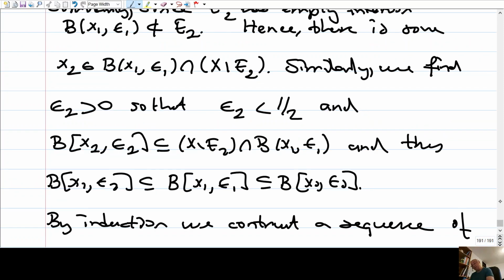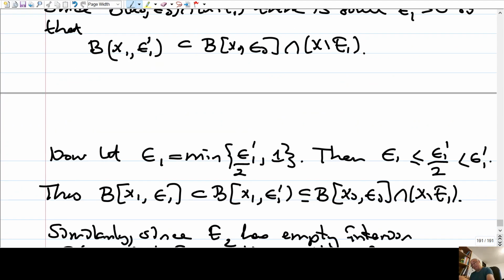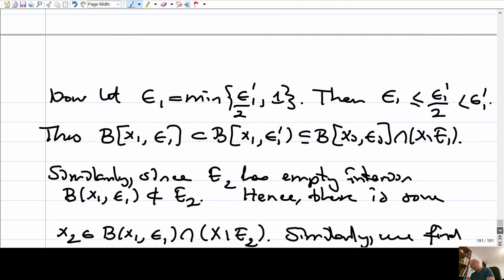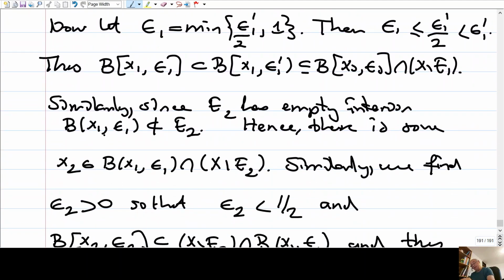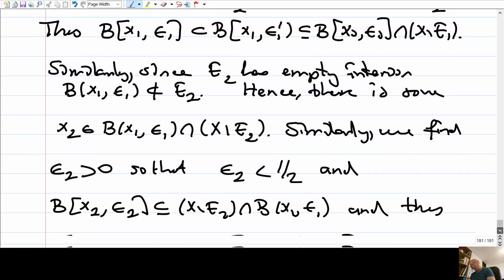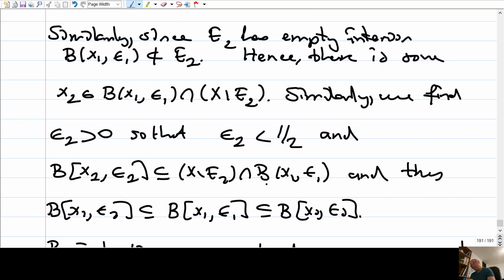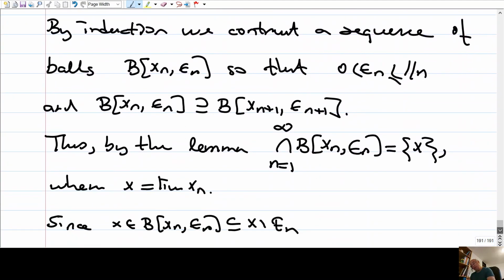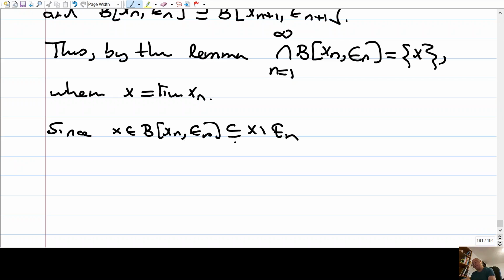Remember, B(x1, epsilon 1) is chosen so that this lies inside this set, B(x2, epsilon 2) is chosen so that it lies inside this set, and B(xn, epsilon n) is chosen like this. Okay, so for all n, x is not in En.